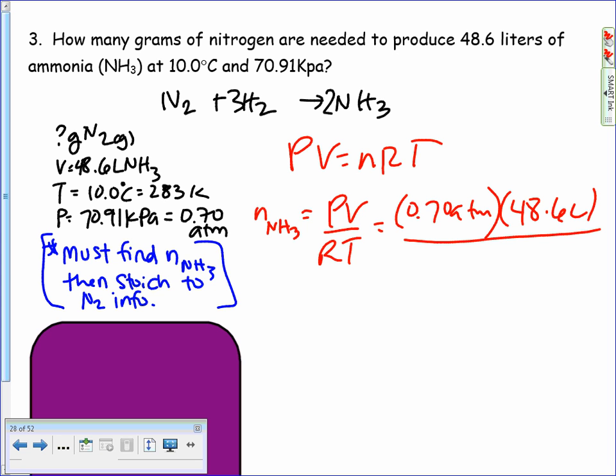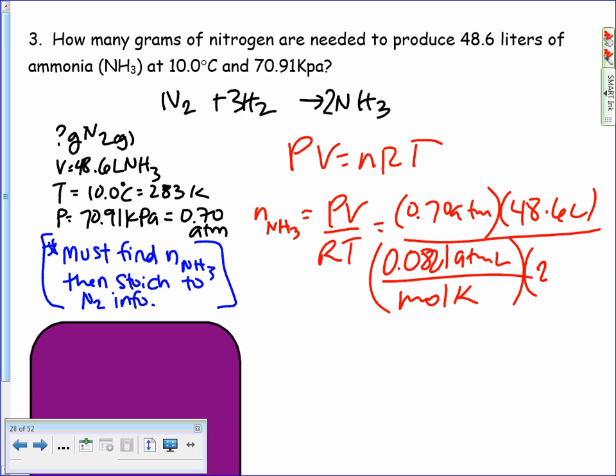R, 0.0821 atmosphere liters per mole K, okay. And then temperature, 283 Kelvin. Okay, what cancels? Everything but what? Everything but moles. We're looking for moles, right?